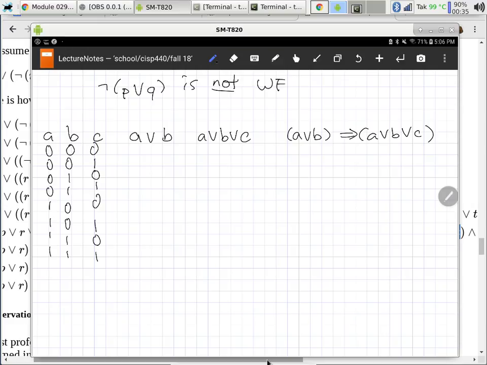So now we have to go ahead and figure out the values. So A or B is going to be false for the first row, and everything else is going to be true. And then with C here, only the second row is going to be different, and everything else is going to be the same, right? Is that okay? So now the question is, what about that implication?